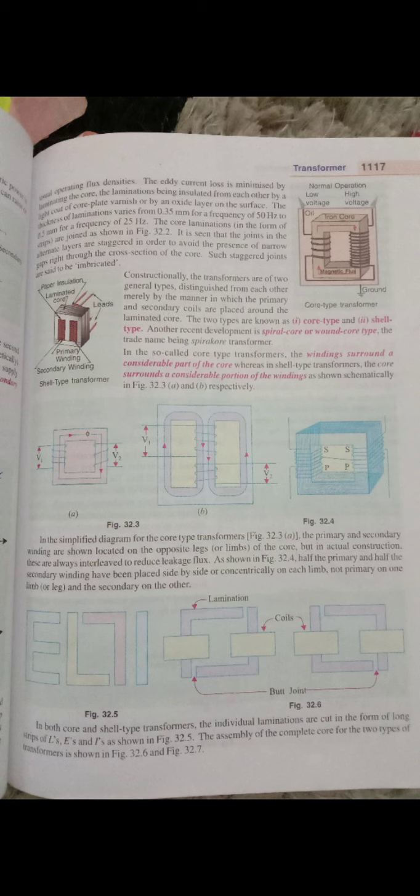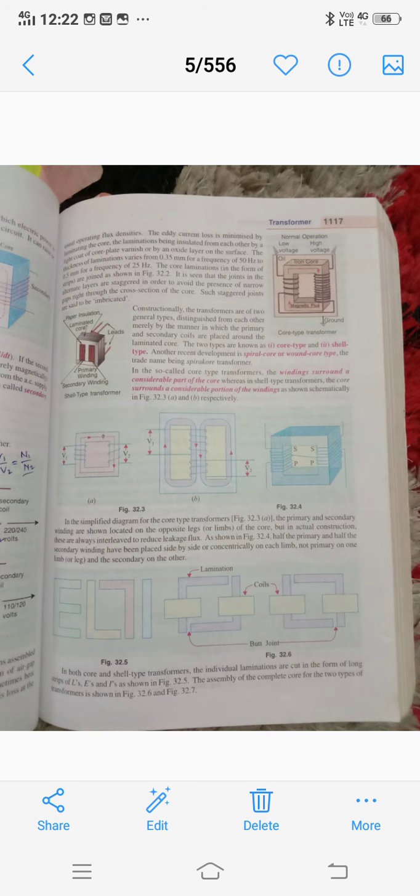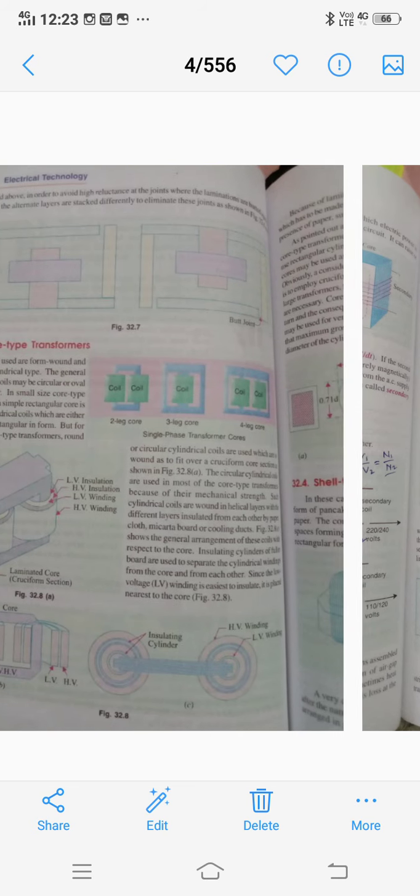These cores are laminated to minimize the leakage flux, or the error due to flux leakage. Lamination is one method to minimize the error in a transformer, which I will discuss elaborately in the next section.